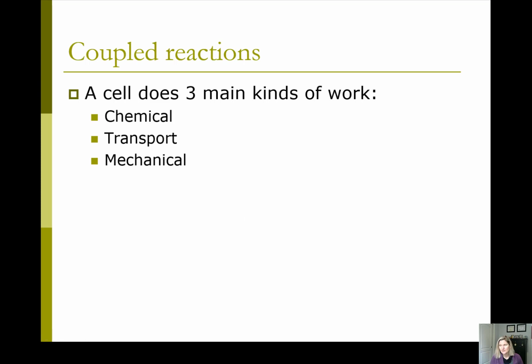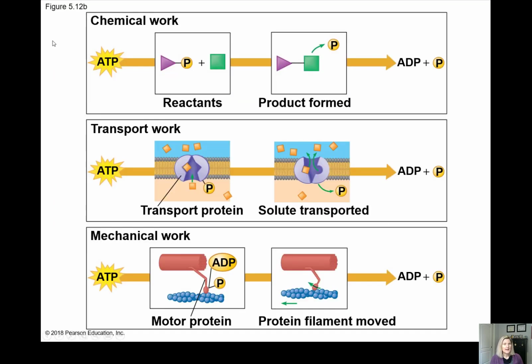So let's take a closer look. Here we have ATP, that magical molecule that the Amoeba Sisters talked about. Basically, in this process, remember, ATP is going to undergo a reaction where the phosphate is going to be broken off of the ATP molecule to form ADP.